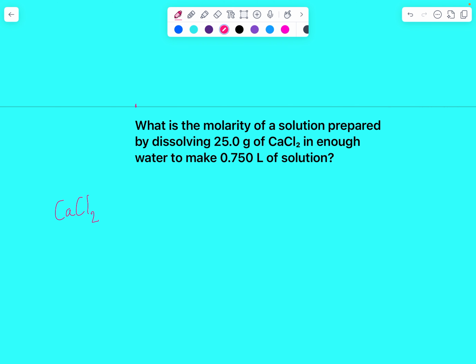So calcium, if you look at your periodic table, it says 40.078, and then chloride, there's 2 of them, and each chloride is worth 35.45 grams. So that's roughly 70, and then this is roughly 40, which would be like 110, right? So CaCl2, its molar mass I should say, is 110.98 grams per mole for CaCl2.